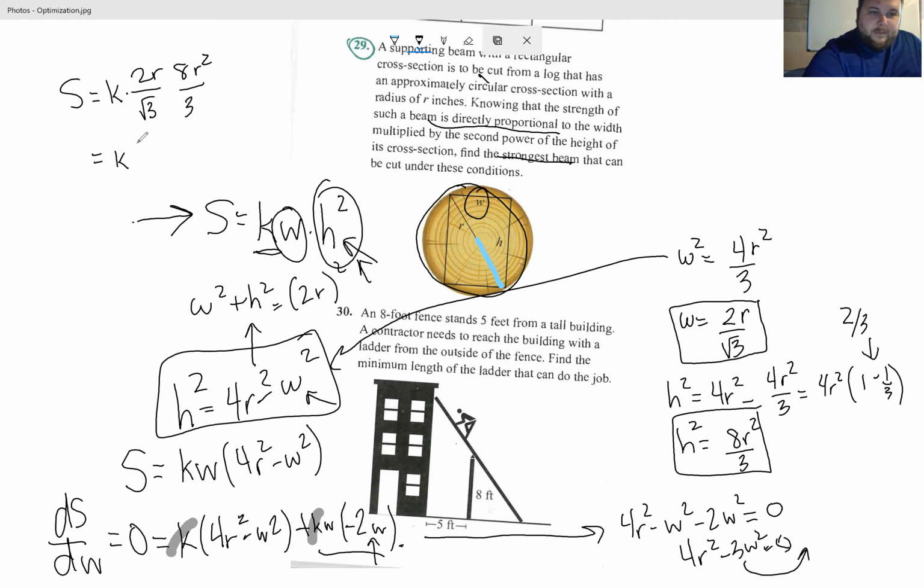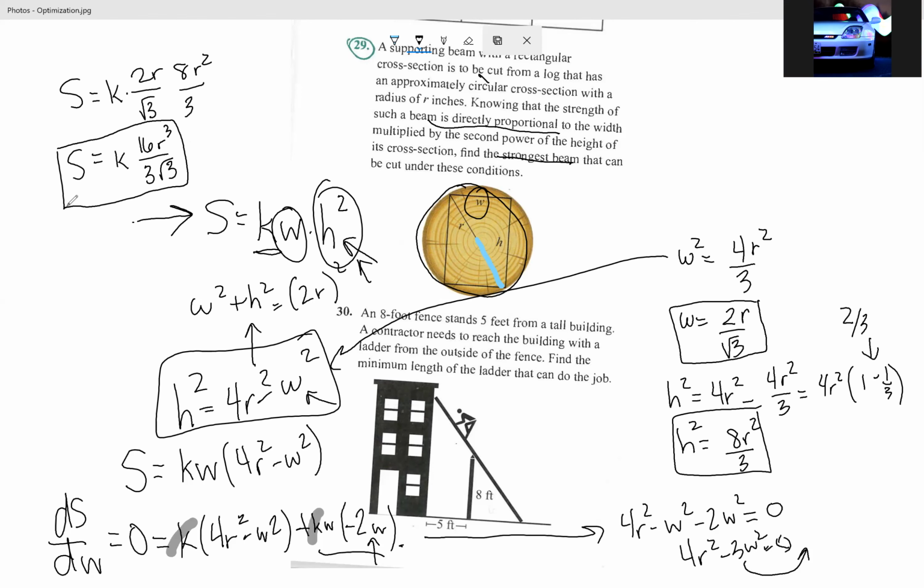So it looks like 16R cubed over 3 root 3. So really weird looking, but that's what it wanted. And again, I get it. There's no numbers plugged in, but if you could do this with variables, then you can obviously do it with numbers.